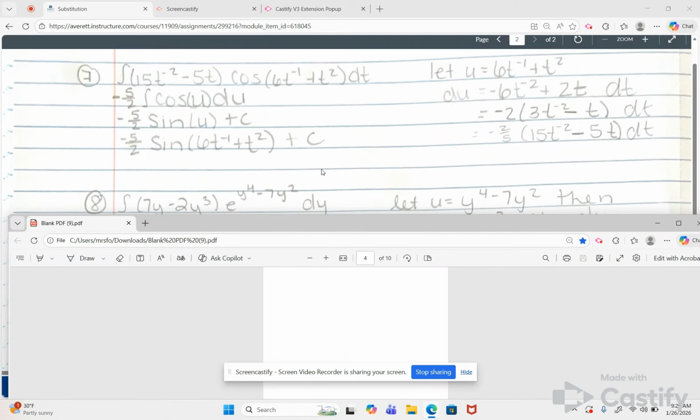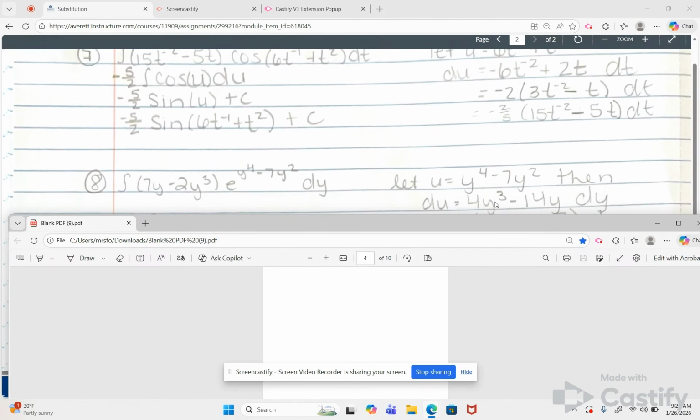Okay, then we take the derivative of u. So that'll become 4y cubed minus 14y. Now I don't have any of that right here. But I do have a y cubed and I do have a y. So if I have this 7y minus 2y cubed, and this 4y cubed minus 14y.